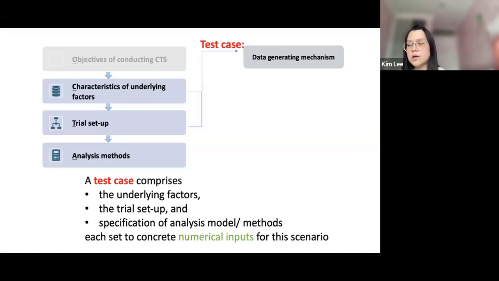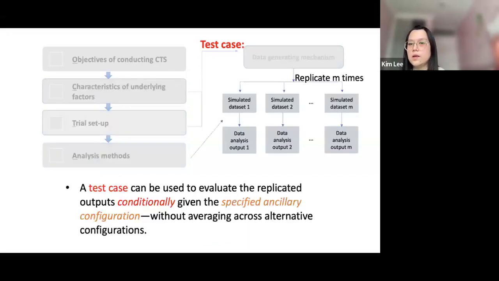But in our framework, our test case includes the analysis model or methods component, as some analysis approaches rely on some user-specific inputs, such as multiple imputation, where we need to specify how many times that we want to impute the missing data repeatedly.